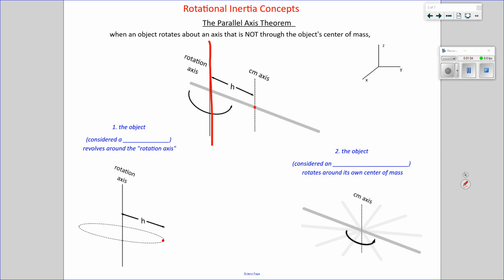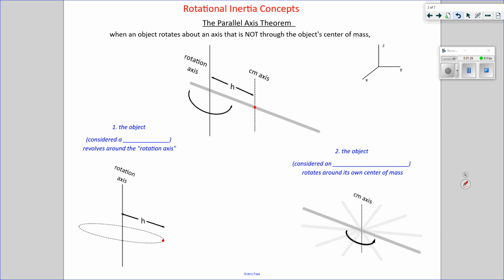This is a uniform rod of uniform linear mass density, so its center of mass is where it is. There's an axis that passes through that center of mass that's parallel to the axis around which our object is said to be rotating. This center of mass axis is parallel to our rotation axis because we choose to draw it that way.